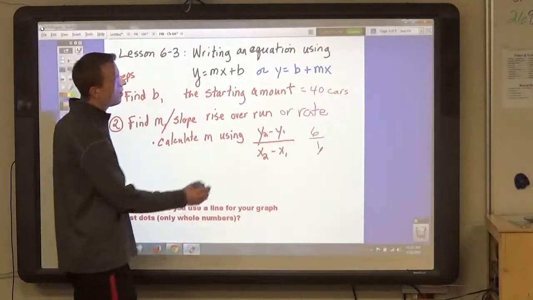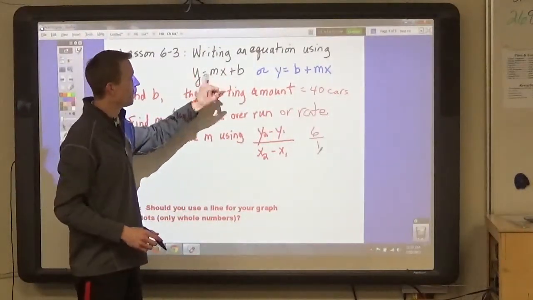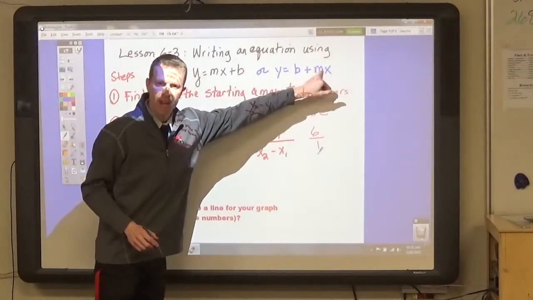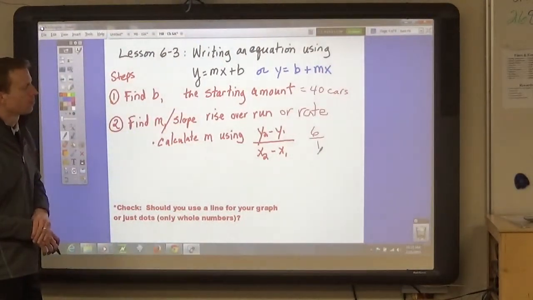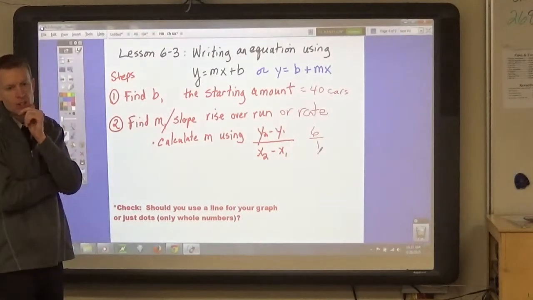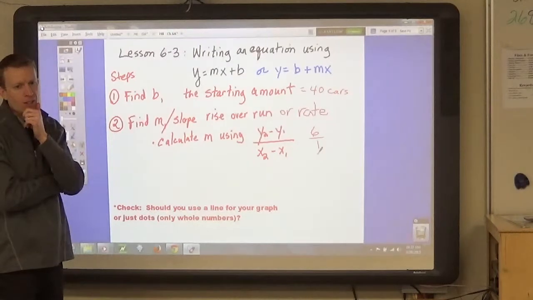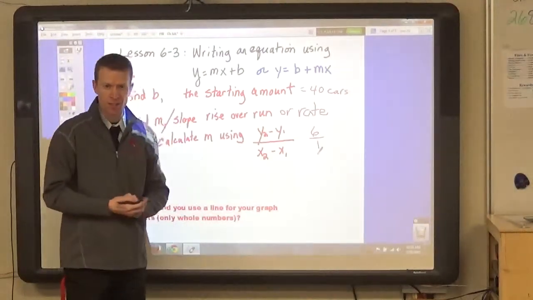Now, we could write the equation in either this form, or we could use b plus mx as well. Now, what would x be? Instead of x in our equation, what is bringing the cars in? Carriers.